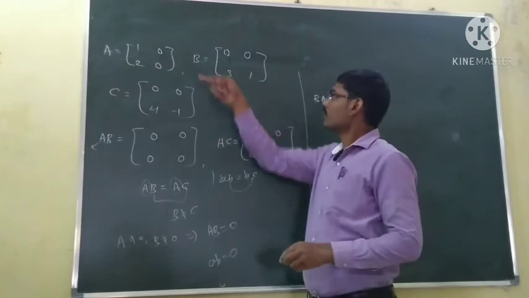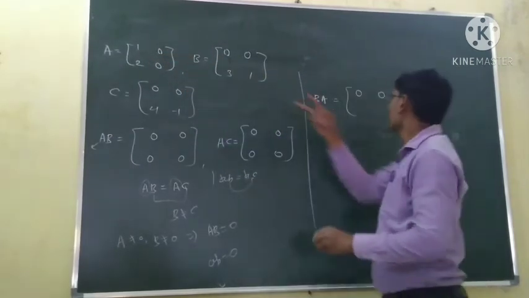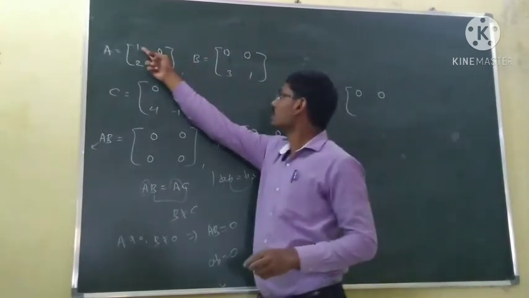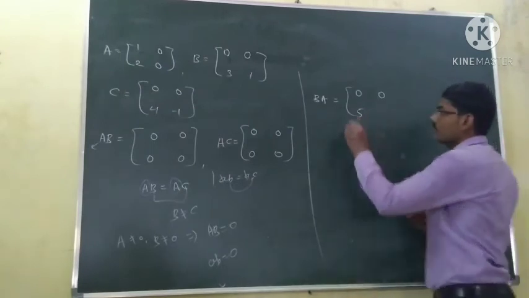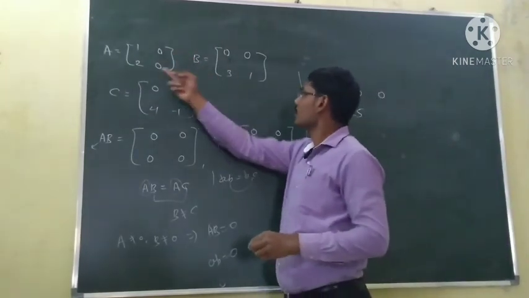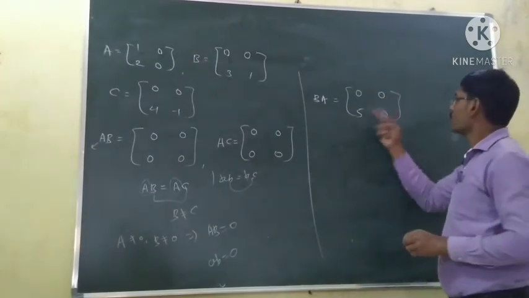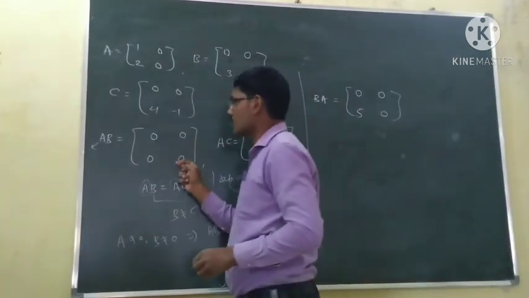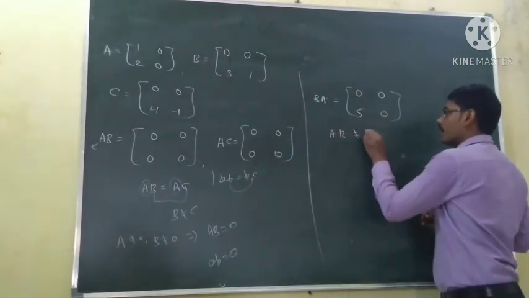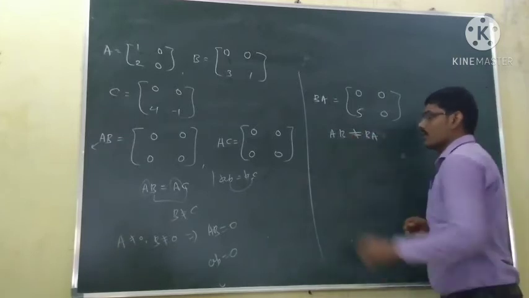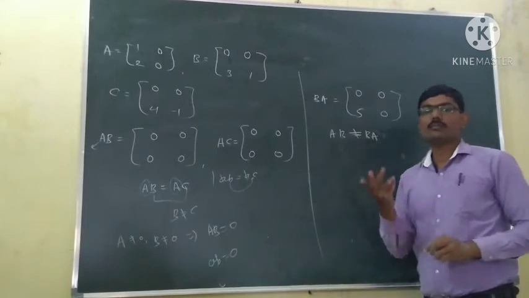Now 3 1 and 1 2: 3 into 1 is 3, and 1 into 2 is 2, so 3 plus 2 is 5. Now 3 into 0 is 0 and 1 into 0 is 0, so 0. Now see, B into A is 0 0 5 0 and A into B is 0 0 0 0. So matrix A into B is not equal to B into A. So matrix multiplication is not commutative, that is, A into B is not equal to B into A.